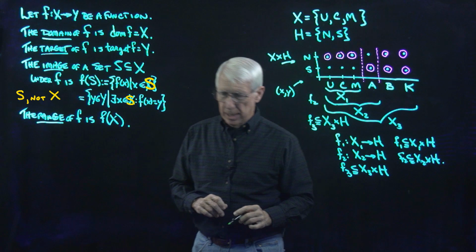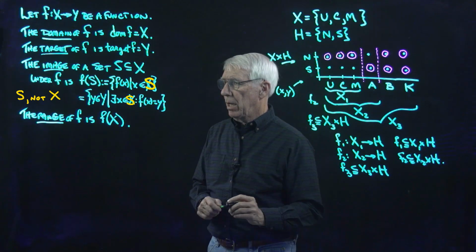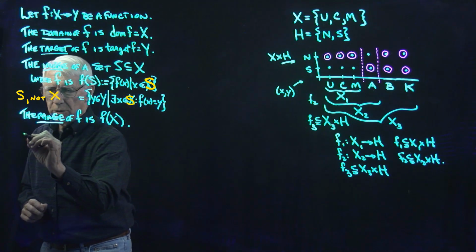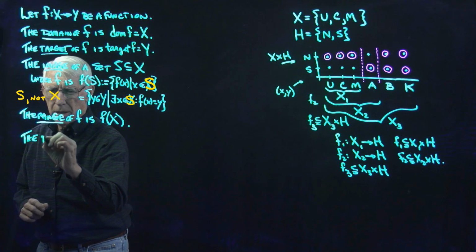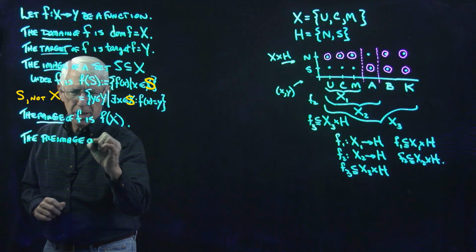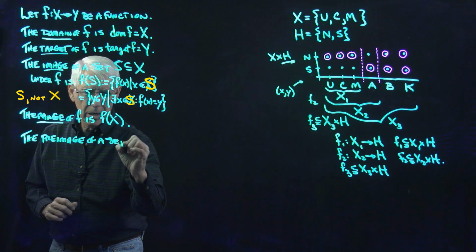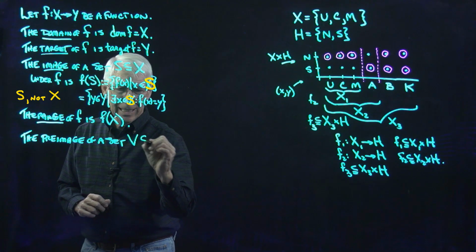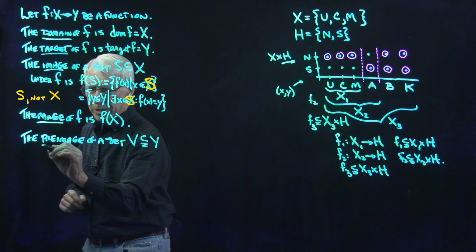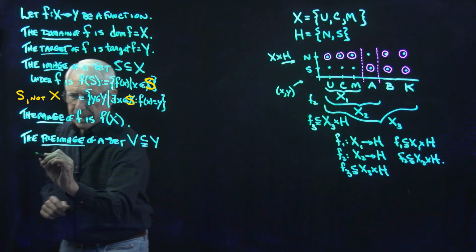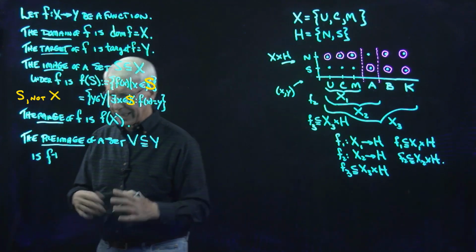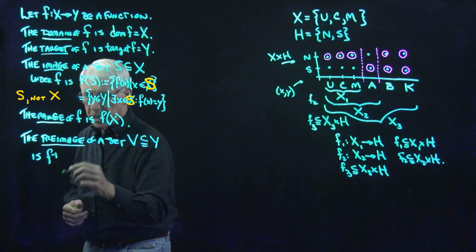And last, we have the pre-image of a set. So we'll say the pre-image of a set V in the target space. The pre-image of a set V is written like an inverse, and so it's like an inverse, but it's not literally the inverse typically.